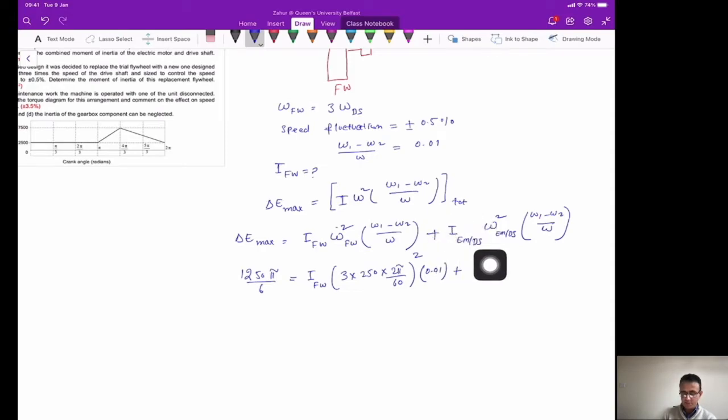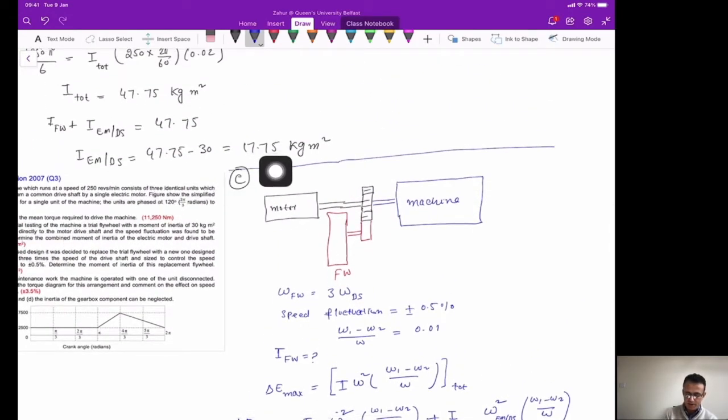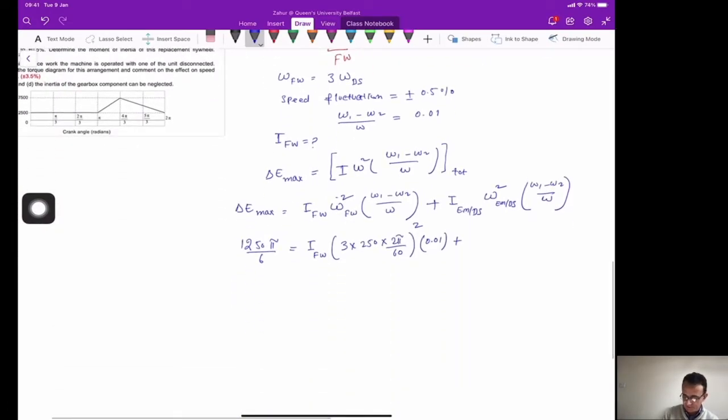moment of inertia for the electric motor and drive shaft. You calculated it in the previous part, part B, which is 17.75. So you can just take that value 17.75, and then omega is again 250. So 250, again convert it into radian per second, and then square, and then multiply with 0.01.